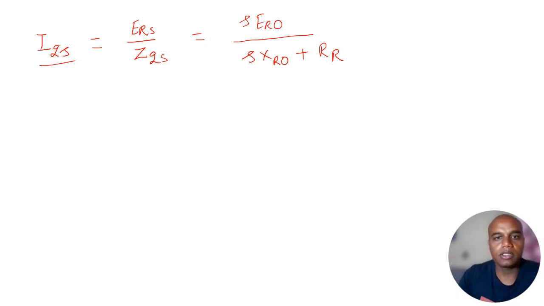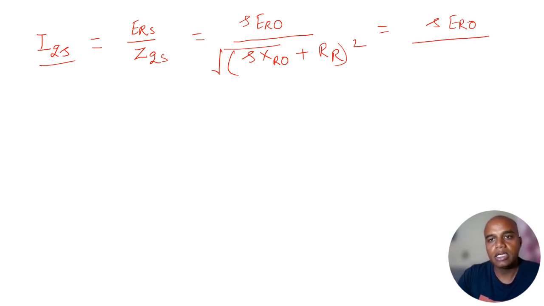In other terms we can also write it simply as S times E naught divided by RR plus j times S times XR naught. So here it is clearly shown how the current I2S is a function of my slip. In the numerator we have the slip, and in the denominator, in terms of the reactance, we also have the slip value.